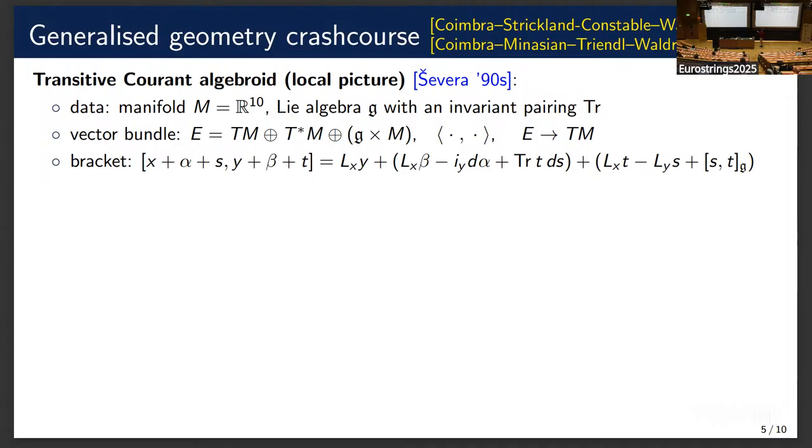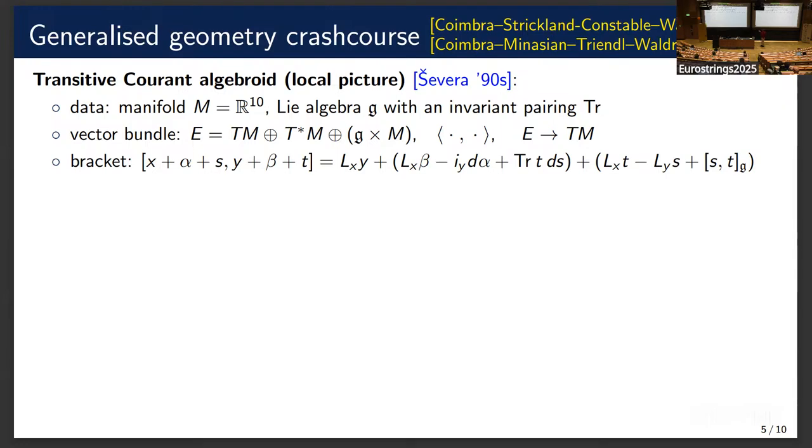For instance, there is an interesting inner product on this space where you pair T with T star, and you pair the Lie algebra with itself using the invariant pairing. There is also a natural map that projects down just to the first component. And most importantly, there is a bracket which takes this form and which is capturing the symmetry algebra here. So that's one way to arrive at such an object. Notably, this bracket satisfies the Jacobi identity, although that's not obvious.